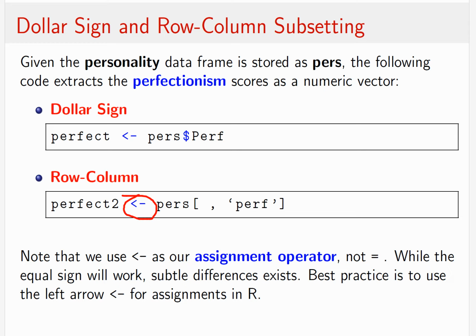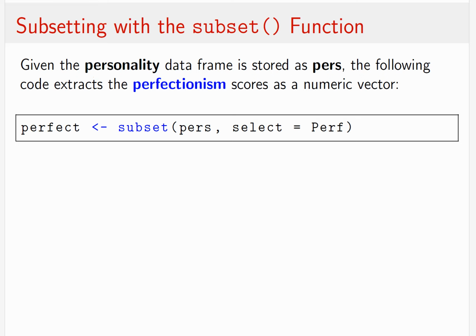And again, best practice is use the left arrow. I code in some other languages where we use the equal sign, and so I sometimes forget in R and use equal signs, and it's not a fatal error. Again, best practice suggests we should use the left arrow for the assignment operator.